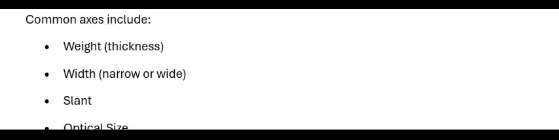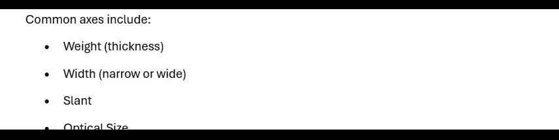So, how it works. Font axes. Font axes include weight, thickness, width, slant, and size. Variable fonts use something called axes. An axis is a simple property that can change.